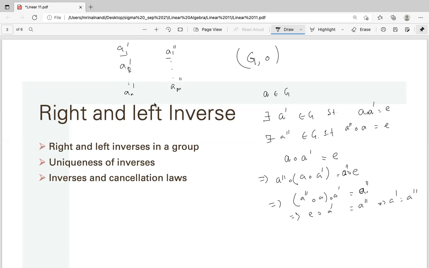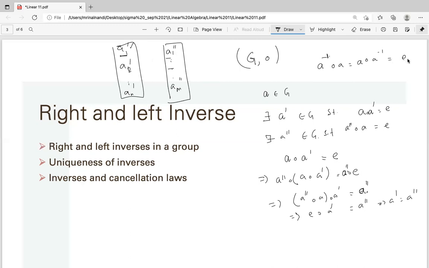These two are equal because the right inverse is a left inverse. Similarly, A1 dash and A2 double dash are equal. So all of these are equal to A1 dash, and similarly all of these are equal to A1 double dash. And then in that case, we say it is just A inverse, and it is unique.